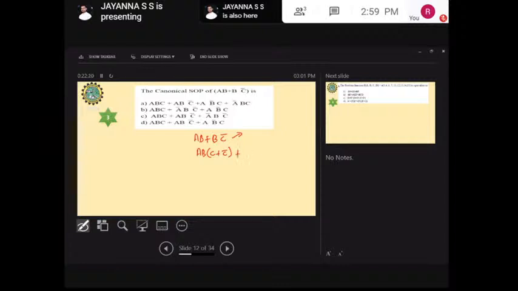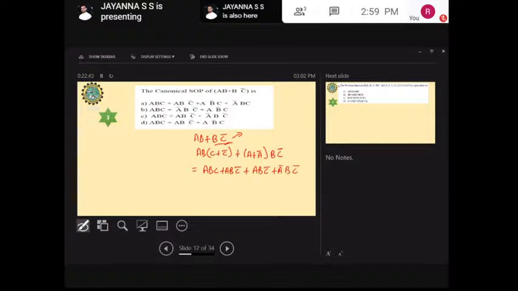Coming to the second term, A is missing, right? Just multiply A plus A bar there, and you are going to get BC bar. So the expression will be ABC plus ABC bar plus ABC bar plus A bar BC bar.